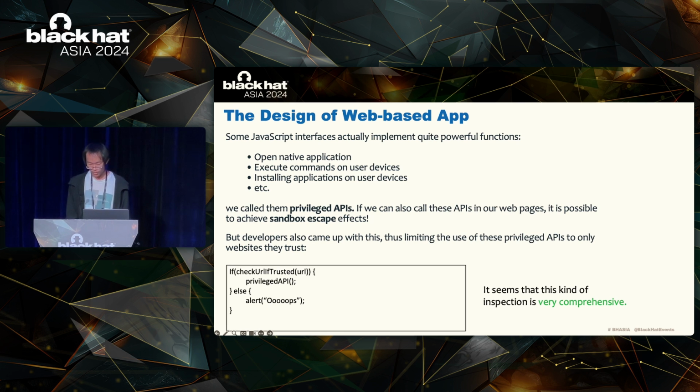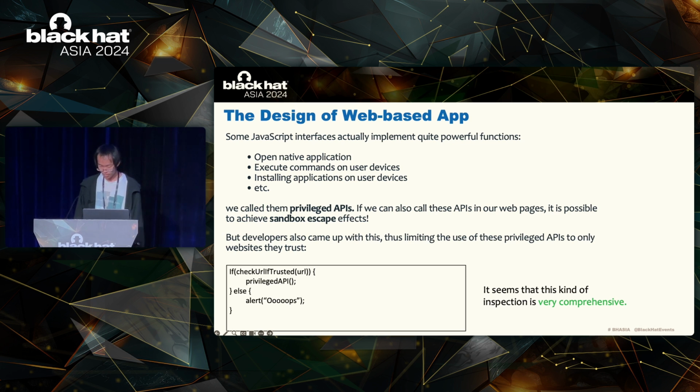Some JavaScript interfaces actually implement very powerful functions, such as installing and opening applications. If we can call this interface, it's possible to achieve the effect of a sandbox escape. But developers also came up with this and limit the use of privileged application interfaces to only websites they trust.